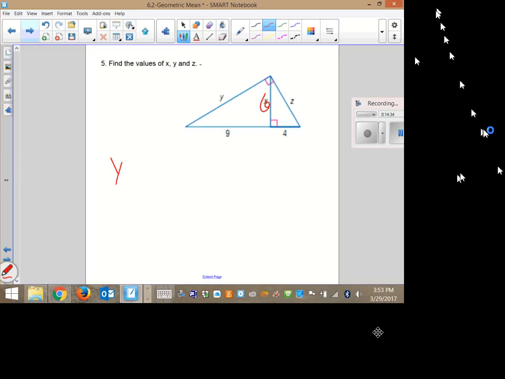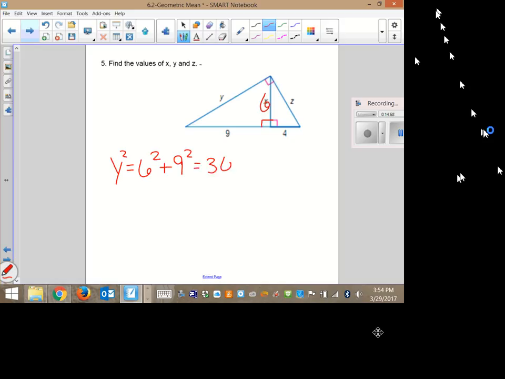So we can get y squared equals our 6 squared plus our 9 squared. And so we're going to get y to be, hang on a second. So y is 6 squared plus 9 squared.